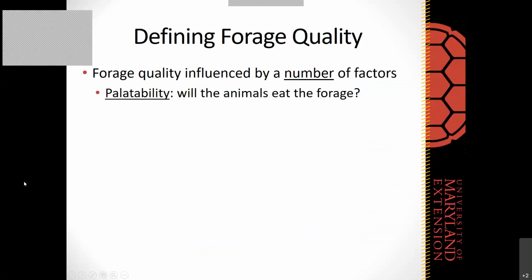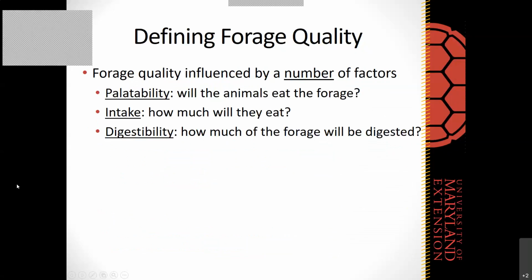If we have a really highly nutritious forage, but the animals aren't going to eat it, that's not really going to do us a lot of good, right? So that's a factor. We have intake. How much will they eat? How much of that forage can they consume before gut fill and other things slow them down? And digestibility. How much of that forage is actually going to be digested and broken down and those nutrients made available to the animal?